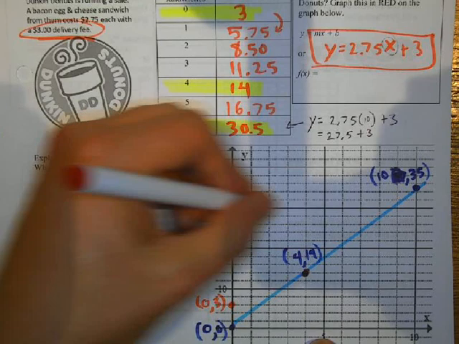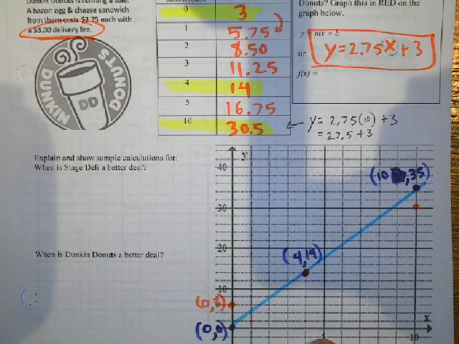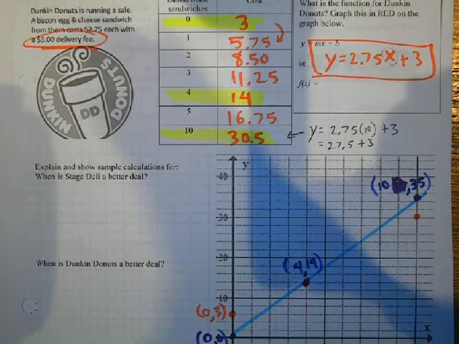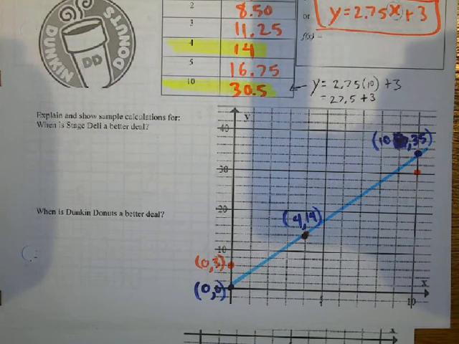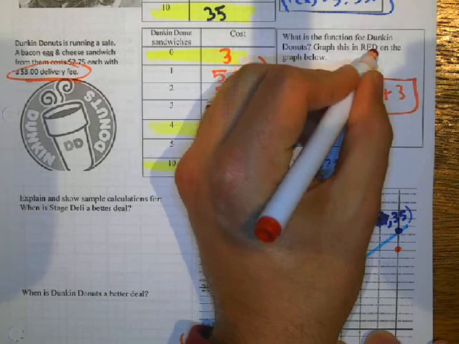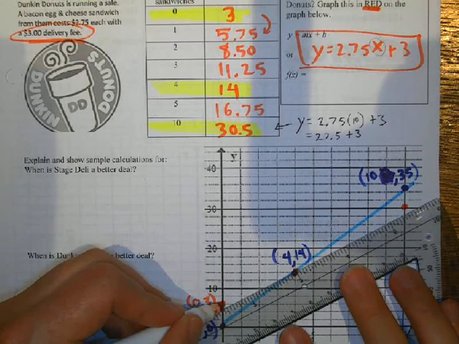Let's just call that there. Now I'm going to get a ruler and draw that line. The instructions say to draw this line in red, so I'm going to draw this line in red.